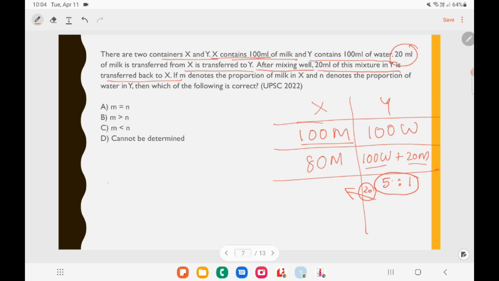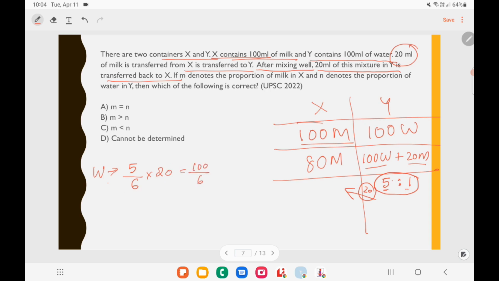So let's first find out the water in this 20 ml. We know that the ratio of water and milk is 5:1 in Y. So the ratio of water is 5, the total ratio is 6. We need to find out how much water is there in 20 ml. So 5/6 into 20, this will be the amount of water present in the 20 ml. Just multiply, you will get 100/6 water.